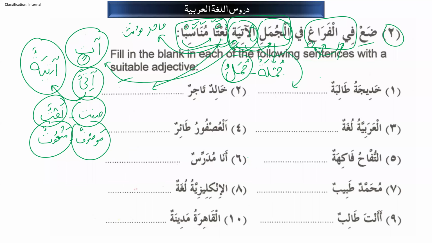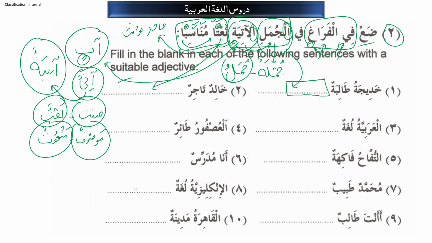Okay, cut the story short. Just directly bring the adjective and then translate. Right. So this one is Khadija. We said mubtada and talibatun khabar, and sifa basuf. So it's murakkab tawsifi.